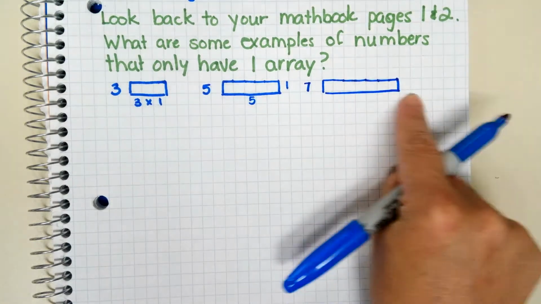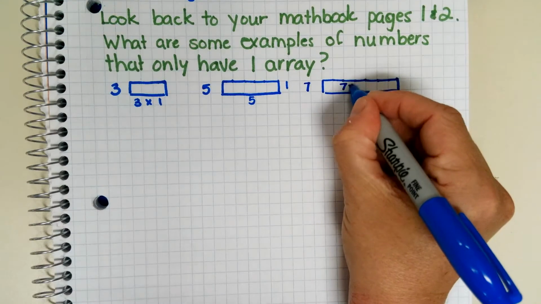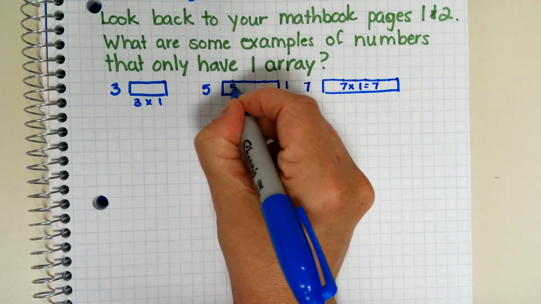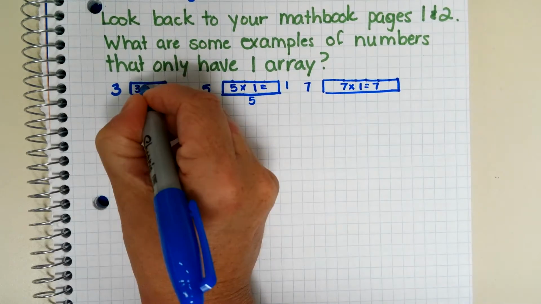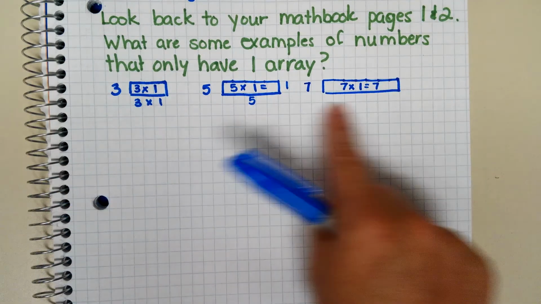We can only get an array with 7 using 7 times 1. 5 times 1. 3 times 1.